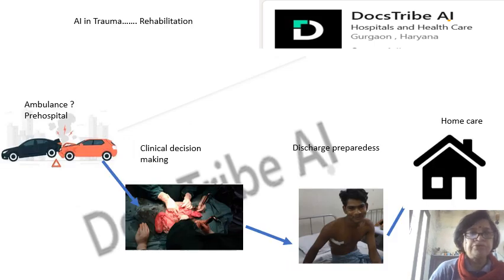So now, you're talking about AI in trauma rehabilitation. What happens? You can apply AI in the pre-hospital phase itself, or in your clinical decision making, in your intraop, in your imaging comprehension. You can decide about discharge preparedness.